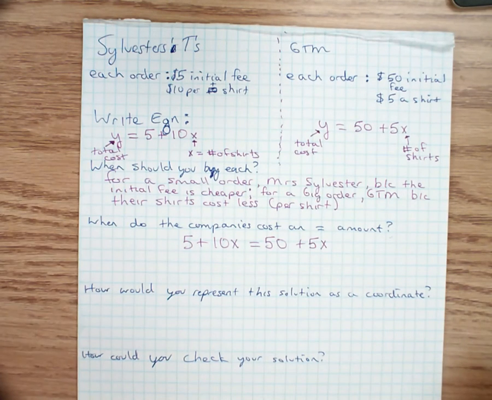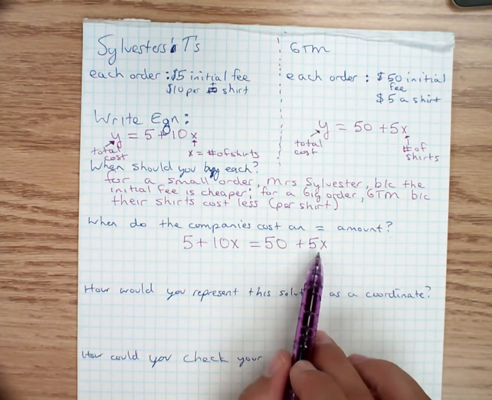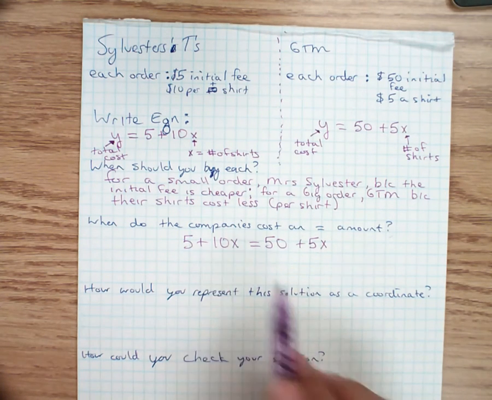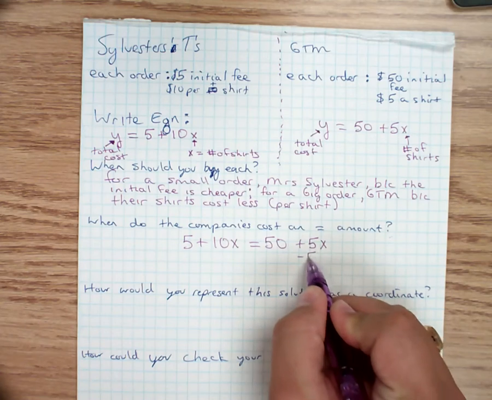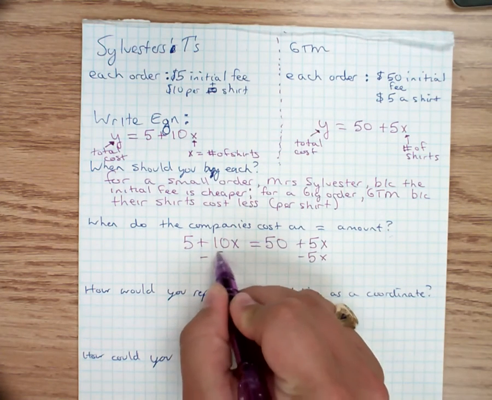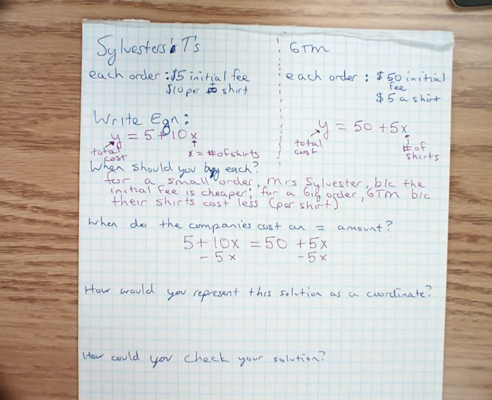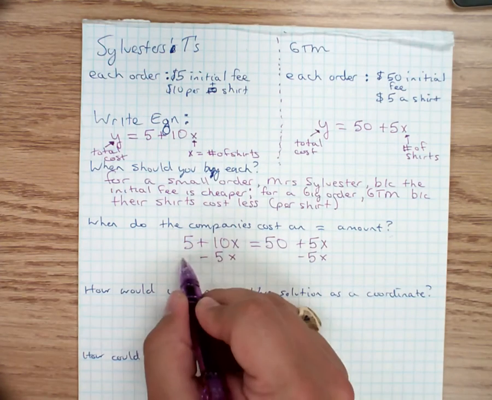This is a form of substitution. So now how would I solve this? What do I do? Okay, so how do I move these x's over here? Subtract 5x. Subtract 5x, okay. How do I move this 5? Minus 5. Subtract 5.